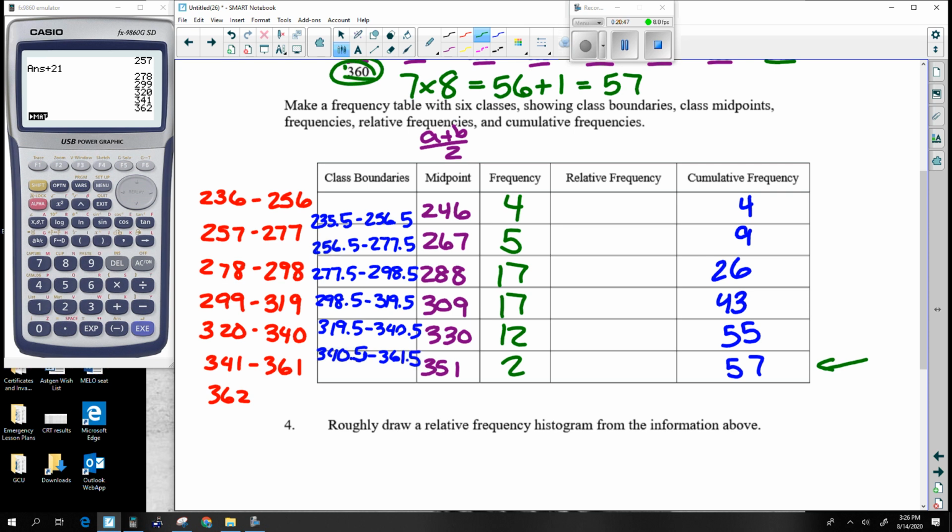Okay, relative frequencies are like a percentage. It's the individual number out of the total. So the very first one is going to be 4 out of the total. That's 57.